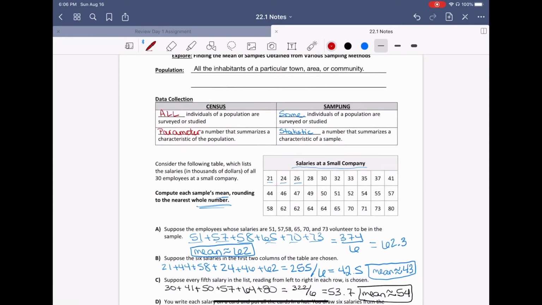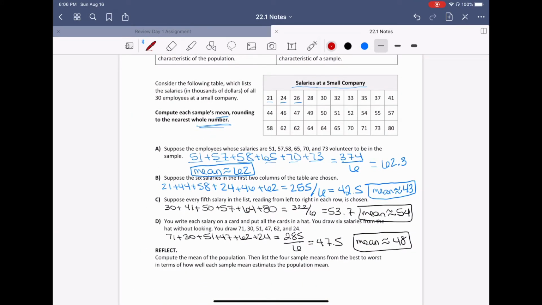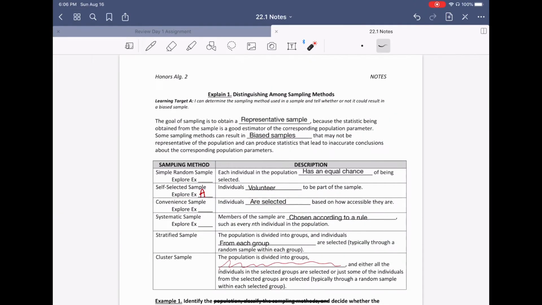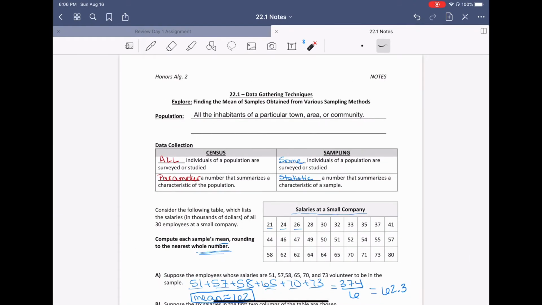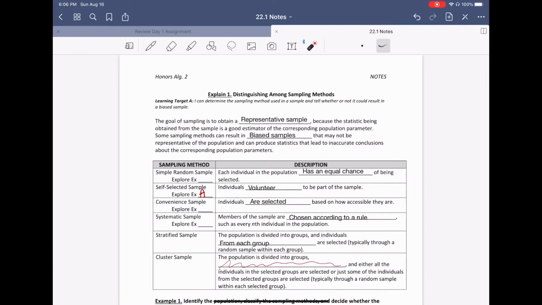Now, example B says suppose that the first six salaries are chosen. So the first six salaries in the table are chosen. When you think about the ease with which we come across those first six salaries, we could say that they are a convenience sample just because we chose them because of the ease with which we have access to them.